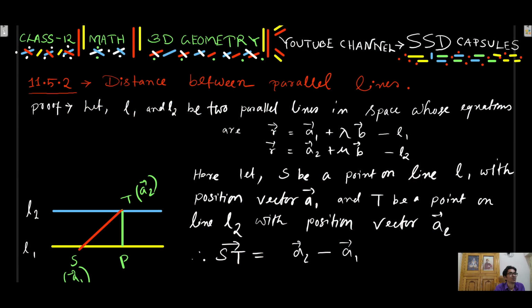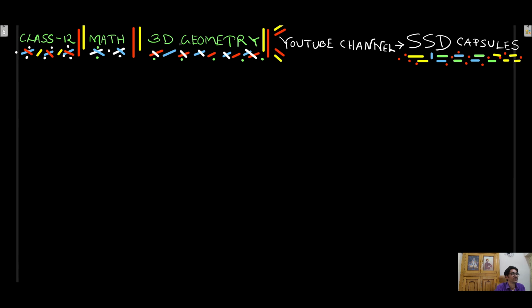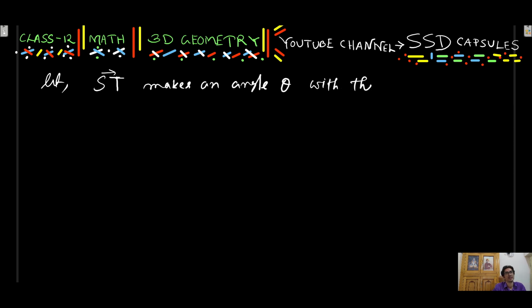Okay, now next page. Let ST vector make an angle theta with the line L1. See the previous page.